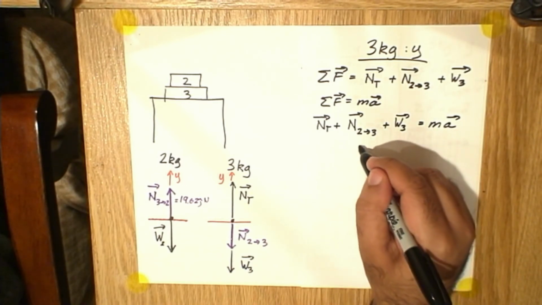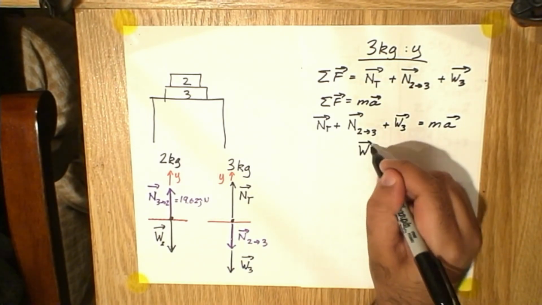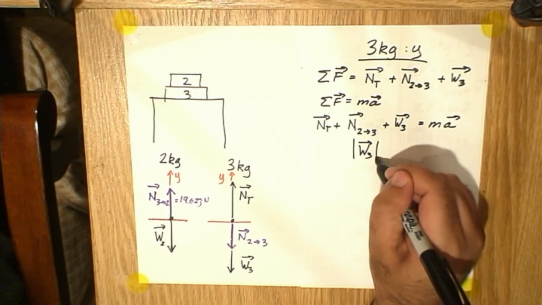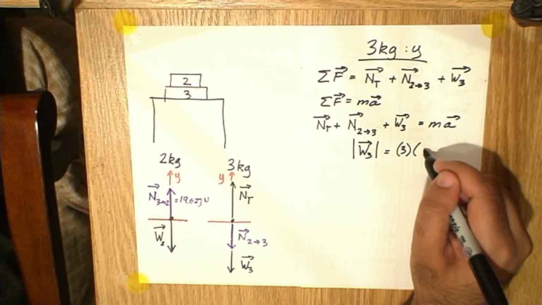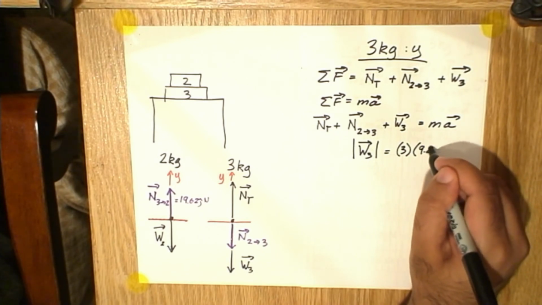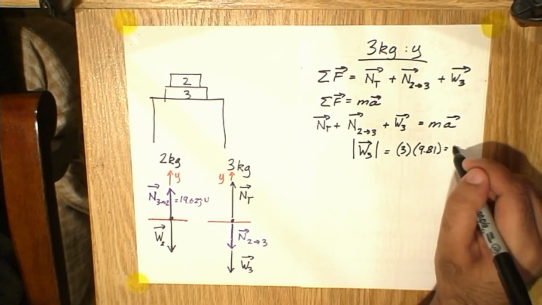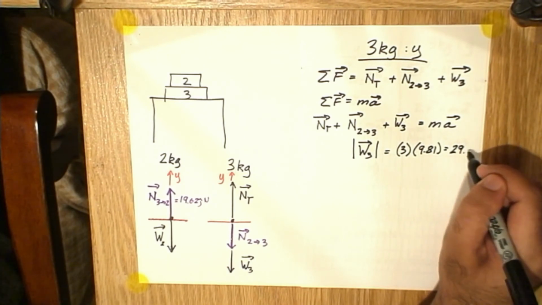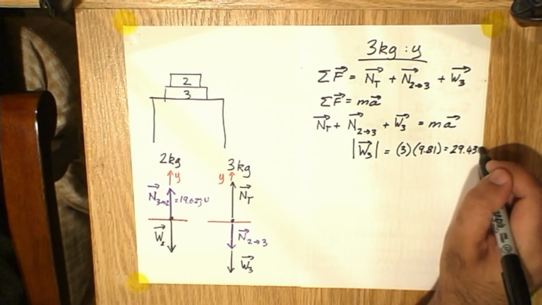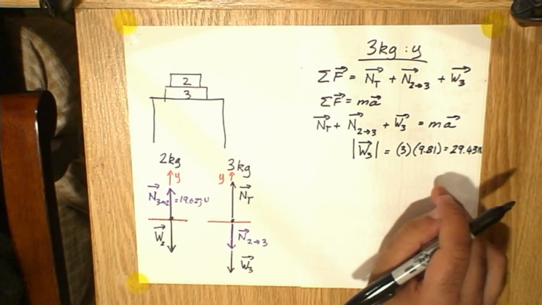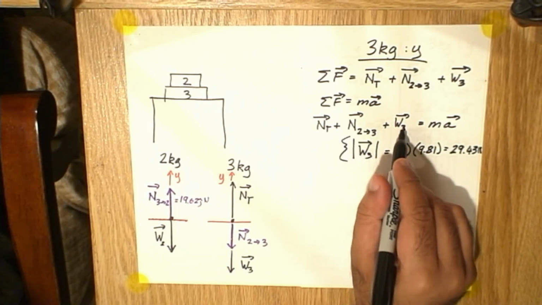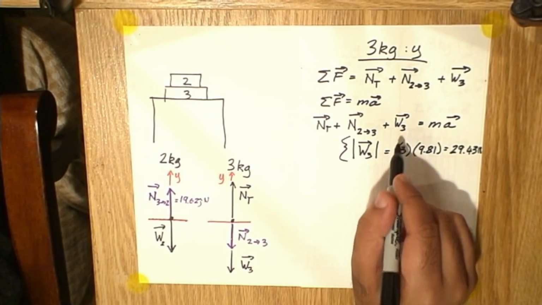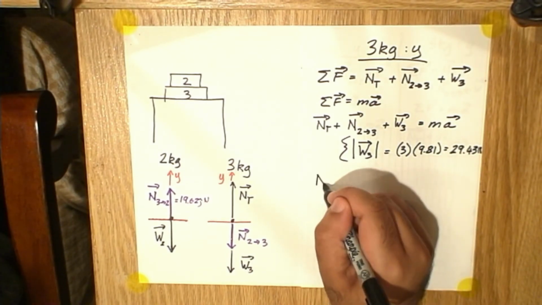Now first let's find the weight of 3. That's equal to its mass, 3, times the acceleration due to gravity, 9.81, which works out to 29.43 newtons. So that's the weight of 3, that's the thing that we have to put in over here. But there's something else that we know.